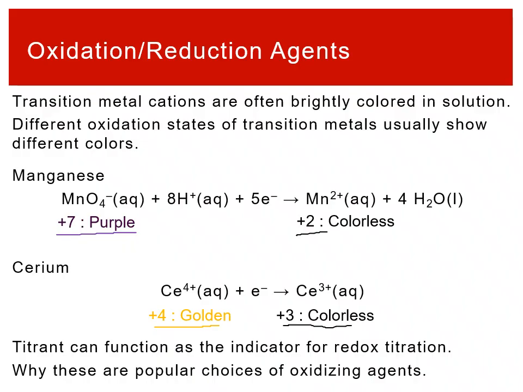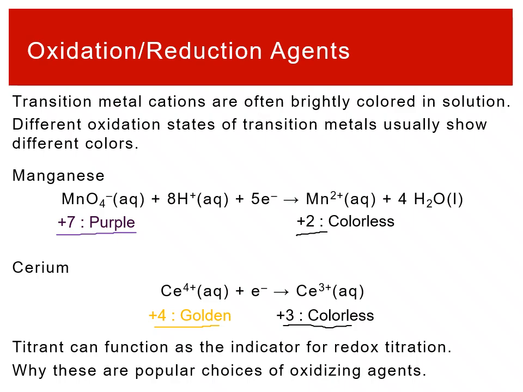So what that means is that the color change that we want to see for the titration is the actual compounds in the titration. We do not need to use a separate indicator molecule. The actual manganese or cerium, whatever you're using, functions as the indicator.